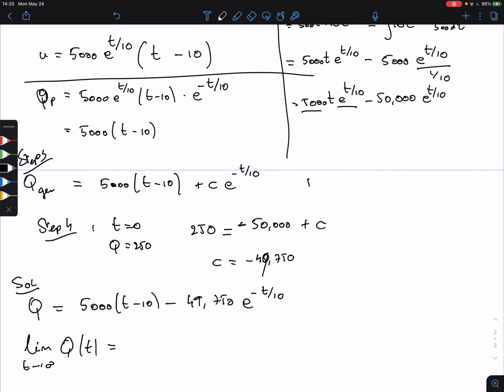The concentration of salt, well, it says it's a half pound of salt per gallon. So it is a half per 1 gallon times the rate of flow, which is 6 gallons per minute. So this quantity comes out to be 6 divided by 2, which is 3.